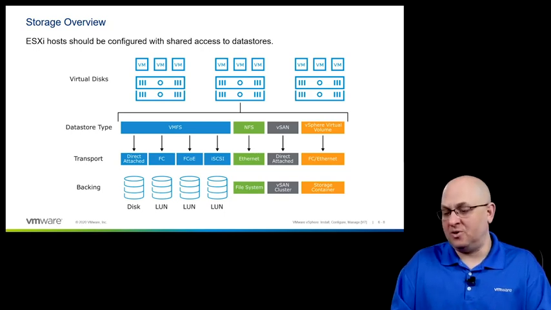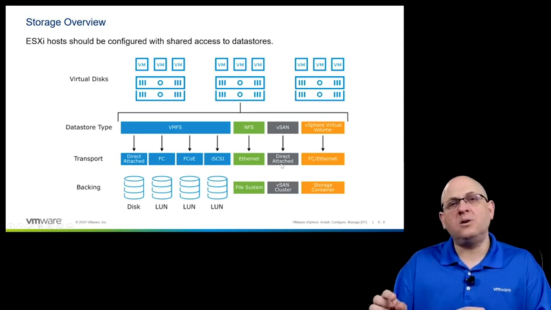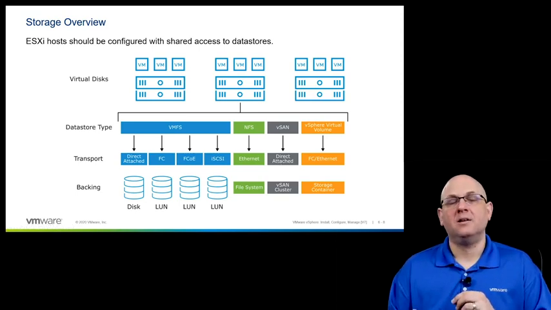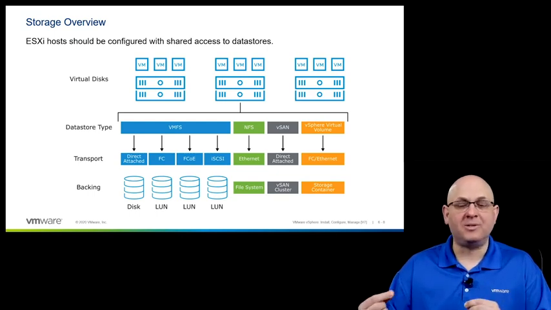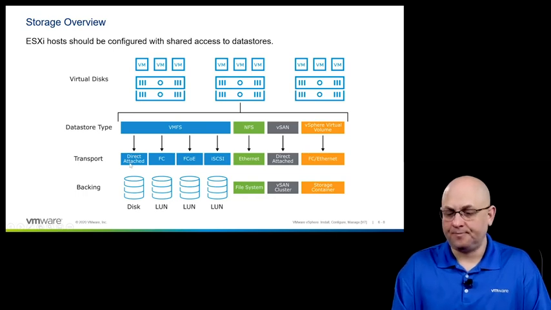That is opposed to vSAN storage over on the right-hand side, where it's also direct attached, but we use a network on the back end to connect multiple hosts to each other, okay? So when we're looking at VMFS data stores, if it's direct attached, it's a local disk.